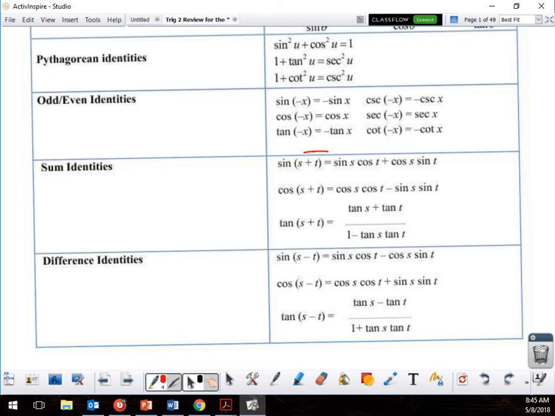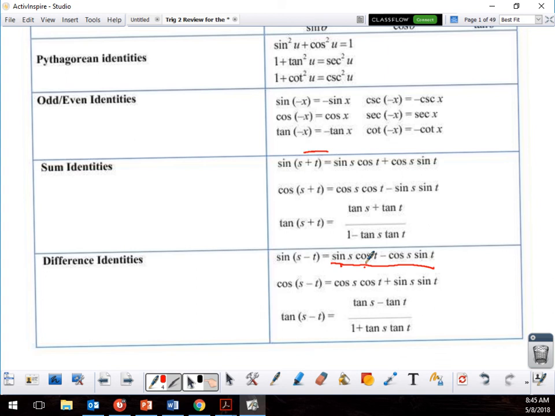It's a difference of sine, so it's going to be this here. That's how I identify which identity is being used.